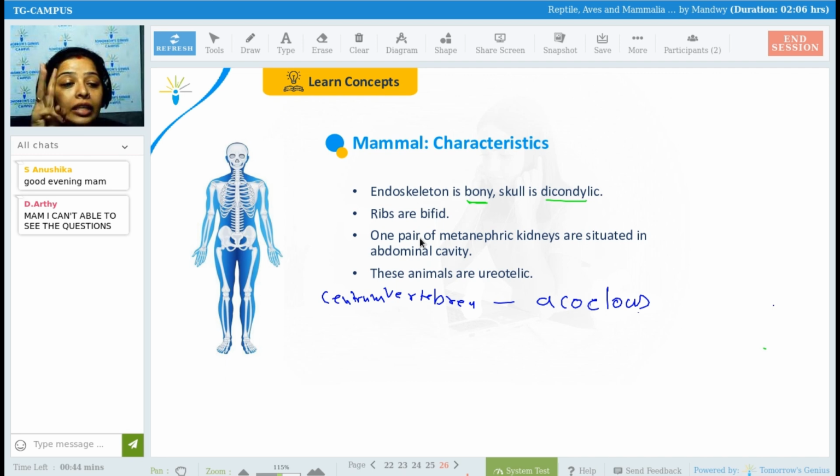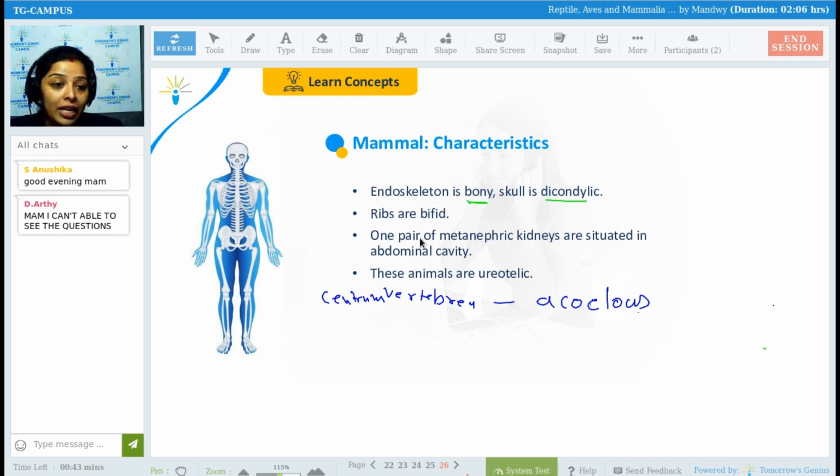Okay, there are three types of centrum vertebrae. In one, both the ends are flat. That is acoelous. One is amphicoelous. Amphicoelous means the ends are saddle and the central part is spindle shaped.